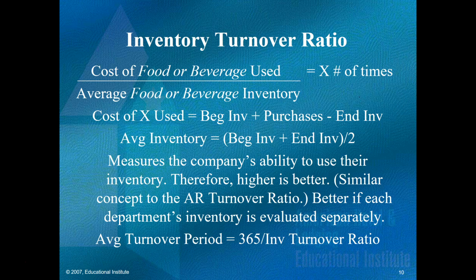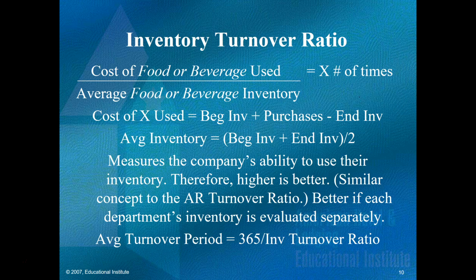Okay? Again, when you got your turnover ratio, if you want to convert it to an average turnover period, you do it the same way as the average accounts receivable ratio. So you simply take 365 divided by that turnover ratio. So instead of it being 52 times a year, it becomes 7.